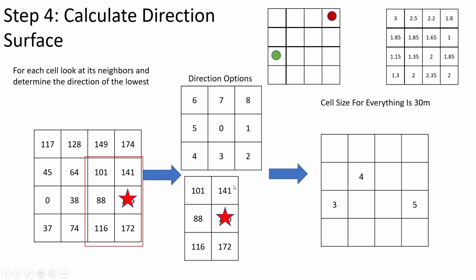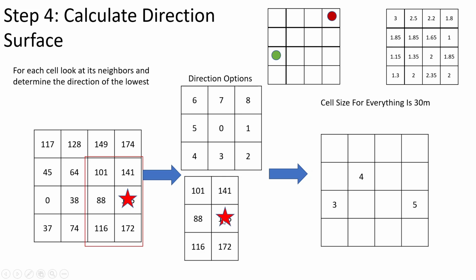Let's do one more example because I really want to make sure that we understand where these things are coming from. Starting with this pixel here, looking at its neighbors, these are the neighbors that it has. So starting from here, what direction do we have to go to get to our lowest possible cost distance value neighbor? Of these options, the lowest is 88.